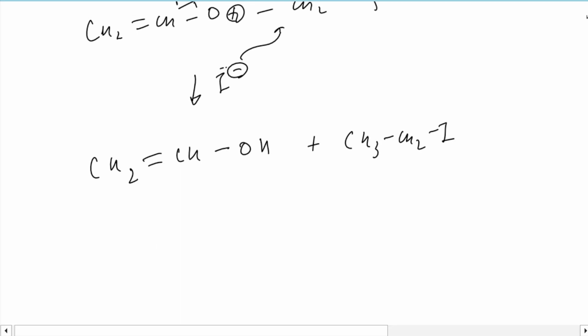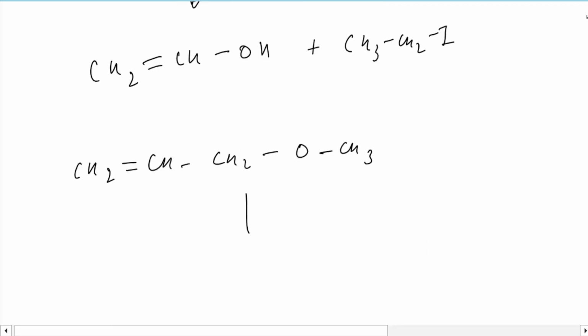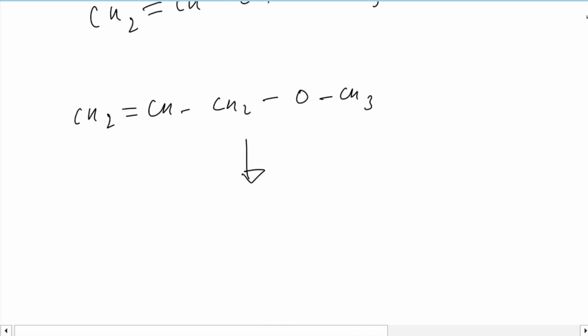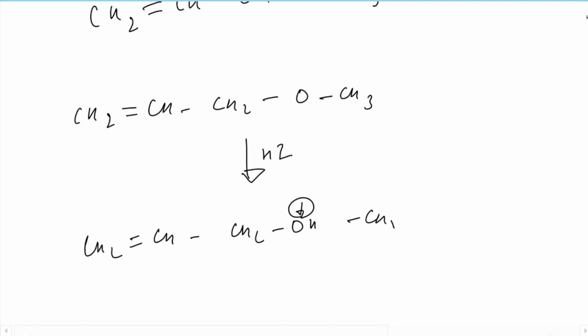Next to this is CH2=CH-CH2-O-CH3. So what is the mechanism for this reaction? If I react it with HI, CH2=CH-CH2, then OH positive CH3.